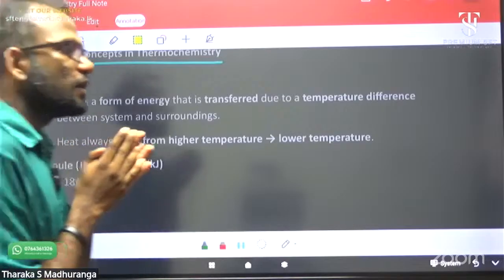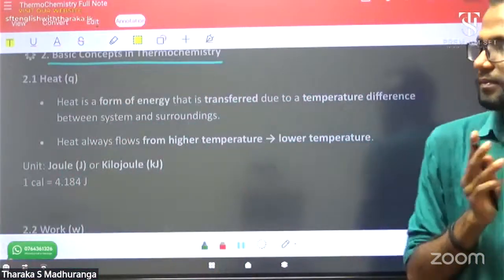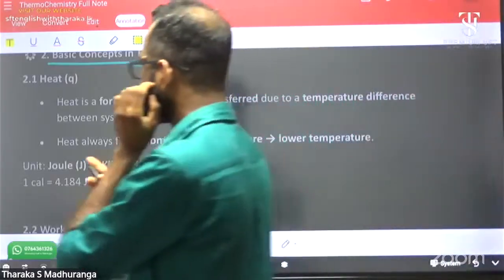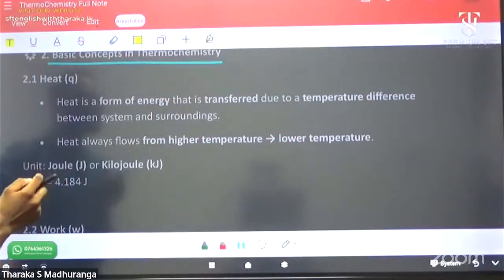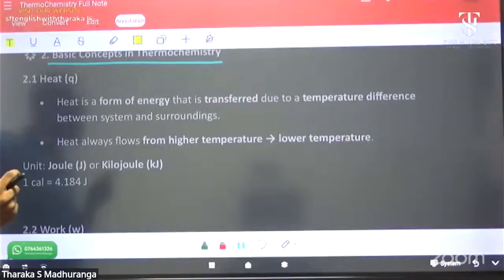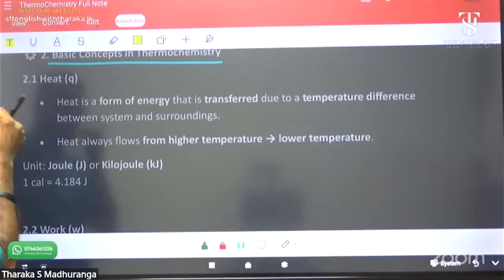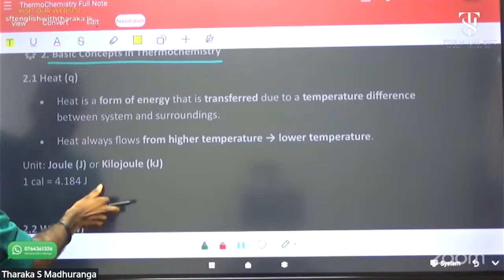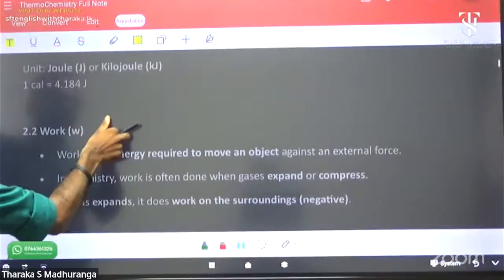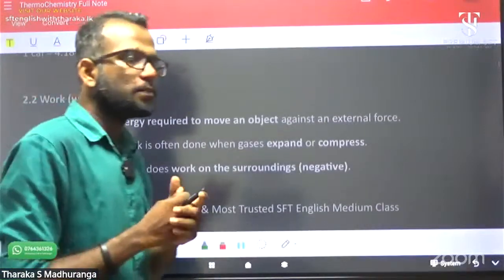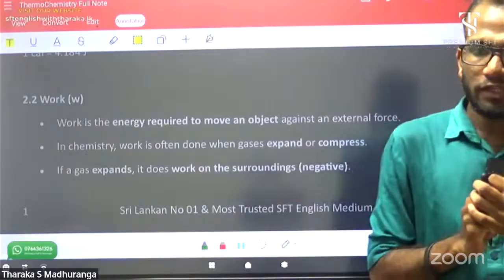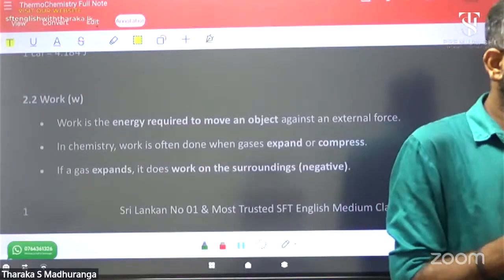Heat is an energy type which is formed due to temperature difference.